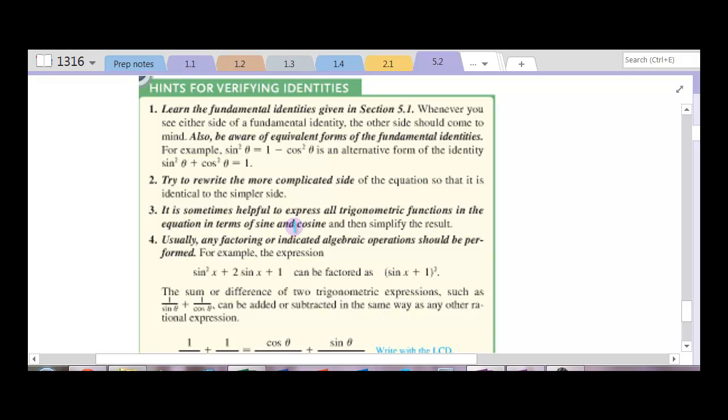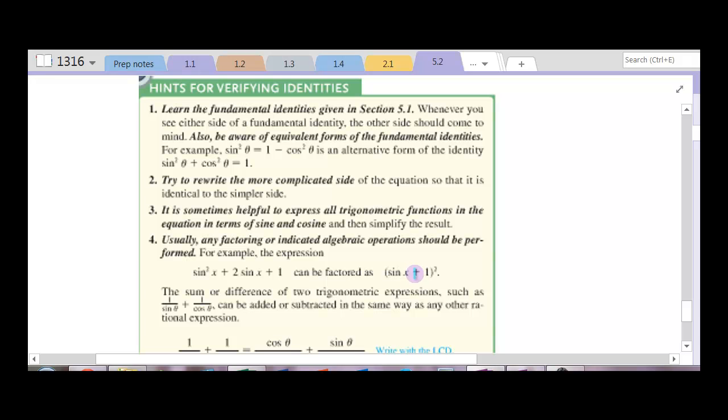Another idea here is if you don't know where to go, maybe I want to take my terms and turn everything into sine and cosine and see how far that gets me. We don't want to forget about factoring, right? If I have a trinomial right here, then I can factor that into sine x plus 1 quantity squared like we just did in this last example.